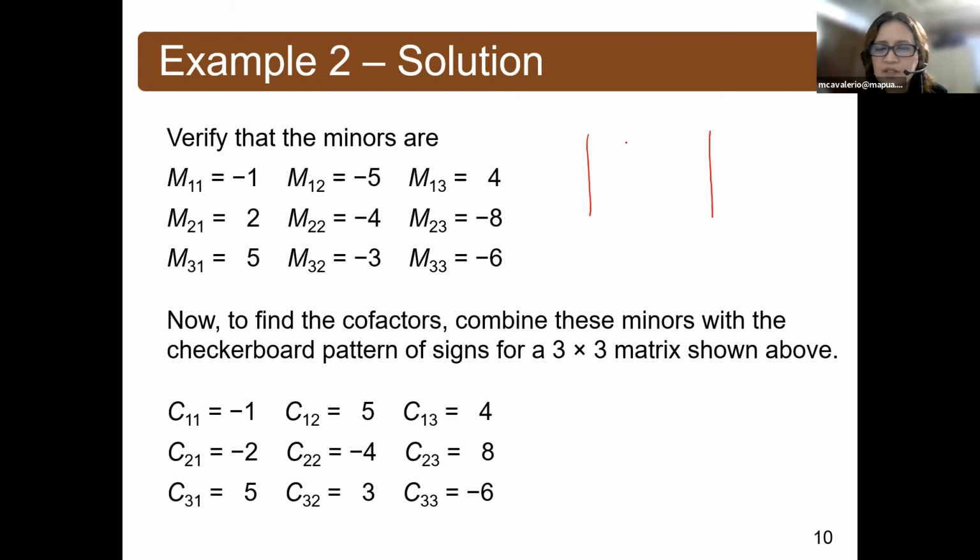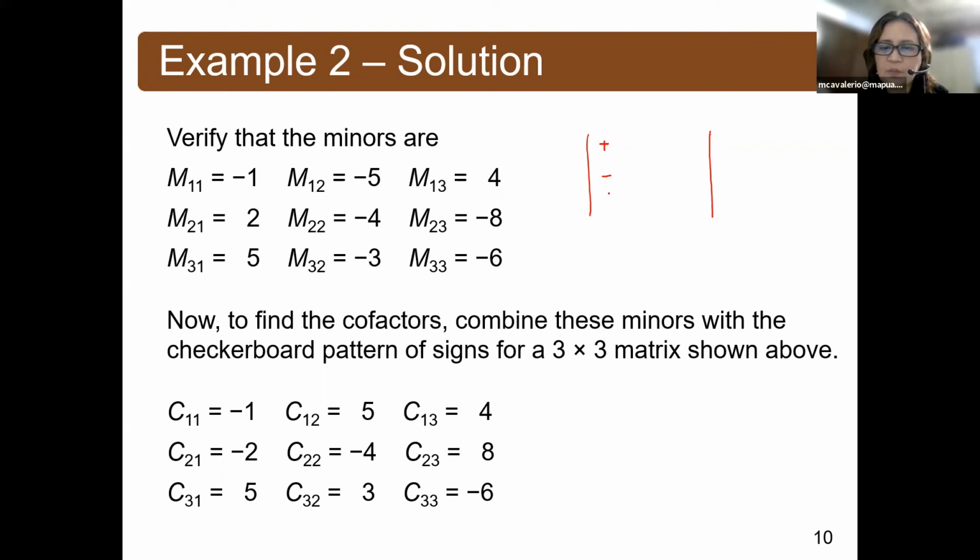Notice that with 1 plus 1, we will have an even power, that is i plus j would be even. And for 21, i plus j will be odd, so that would be negative. And then we will have here your 13. We will have here i, which is 3, and j is 1.